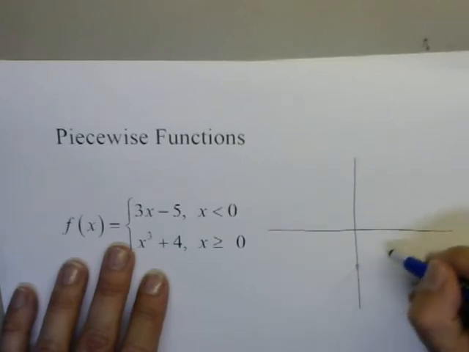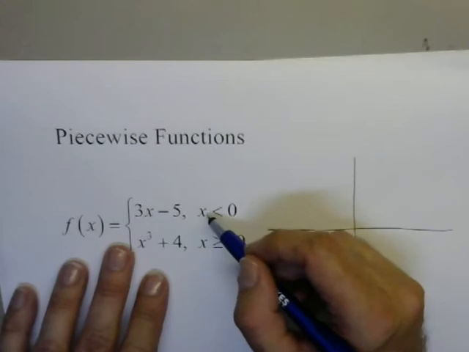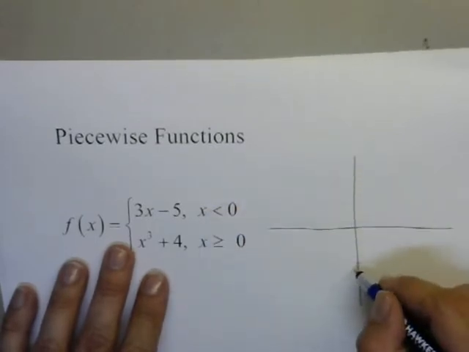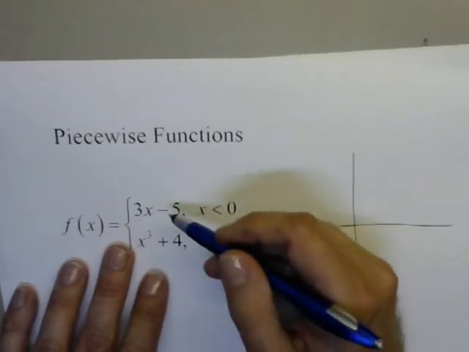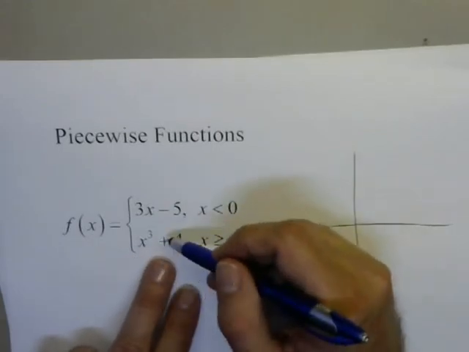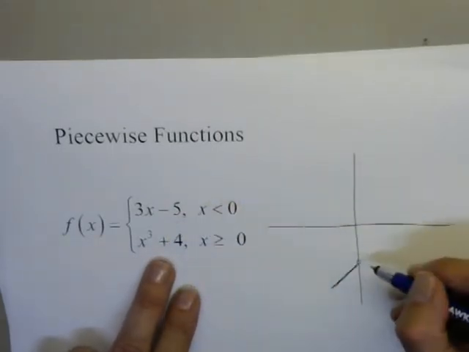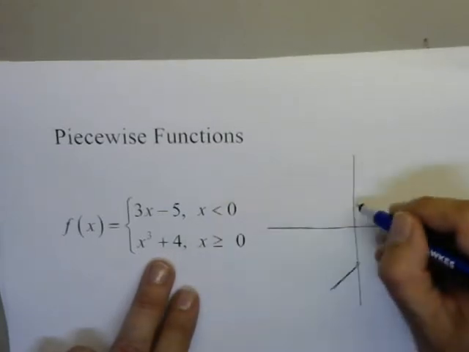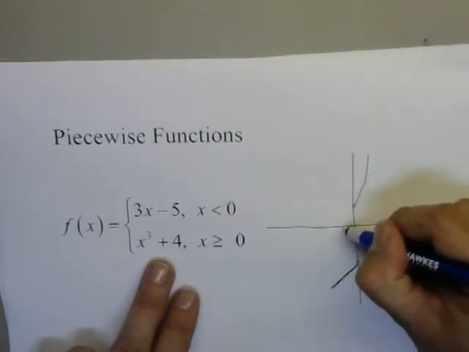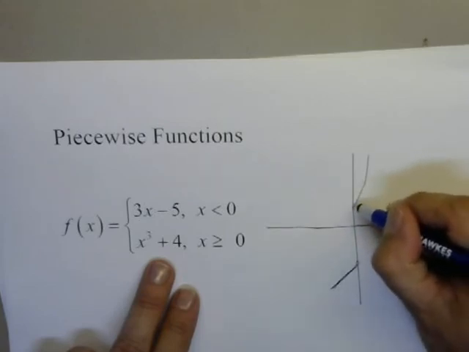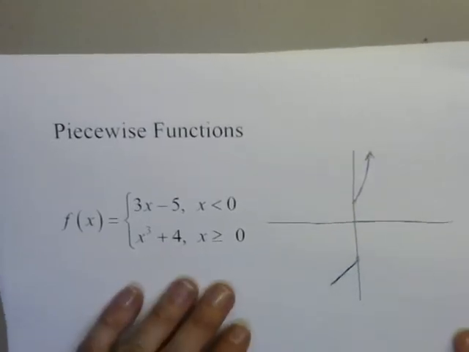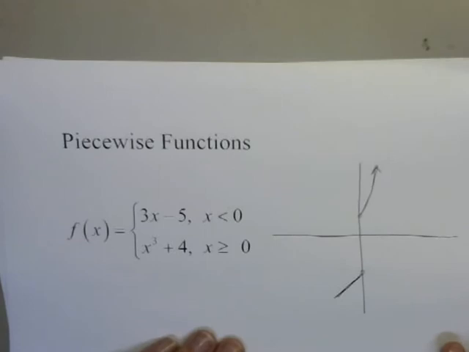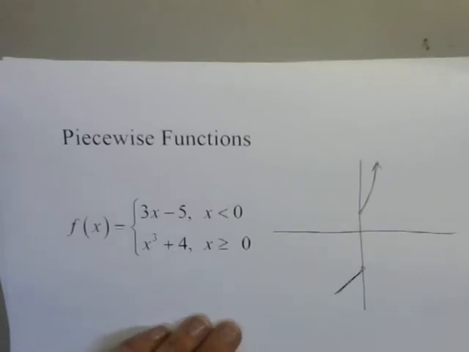You can draw the whole thing if you want, but remember that you only get the graph to the left of 0, and then once you hit 0, you switch behavior and the graph jumps up to 4. And remember, the graph of x cubed looks something like this, but you don't want to draw that part, so I don't know exactly what the graph is going to look like, but something like that. I'm not expecting your graphs to be perfect, but for piecewise functions, you might have to graph them a piece at a time.